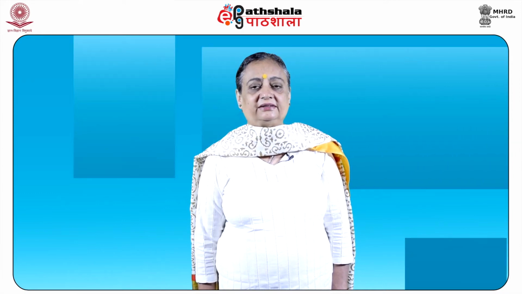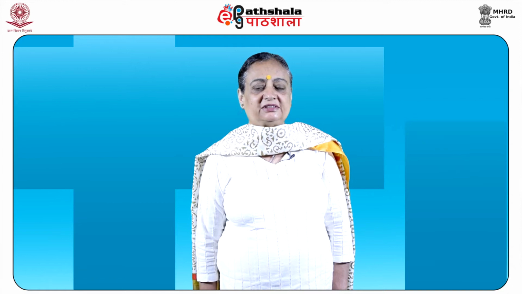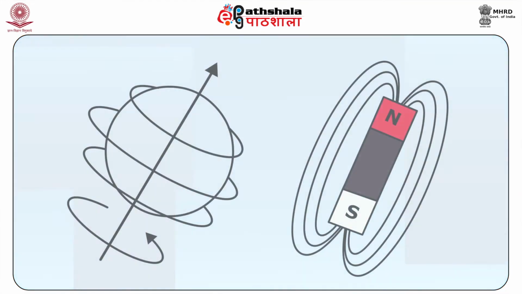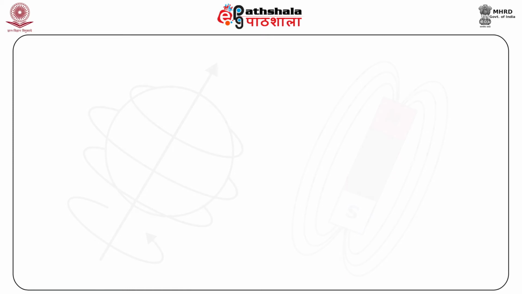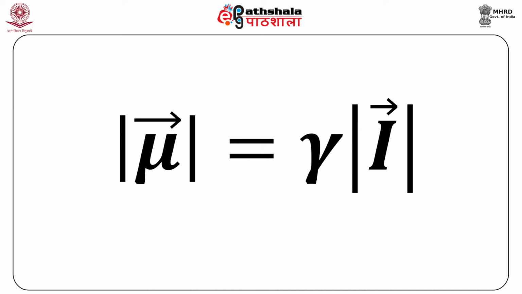In general, a charged particle spinning about an axis constitutes a circular electric current, which in turn produces a magnetic dipole. In other words, the spinning particle behaves as a tiny bar magnet placed along the spin axis, as we have shown in the figure. The size of the dipole, that is the strength of the magnet, is proportional to the spin angular momentum.